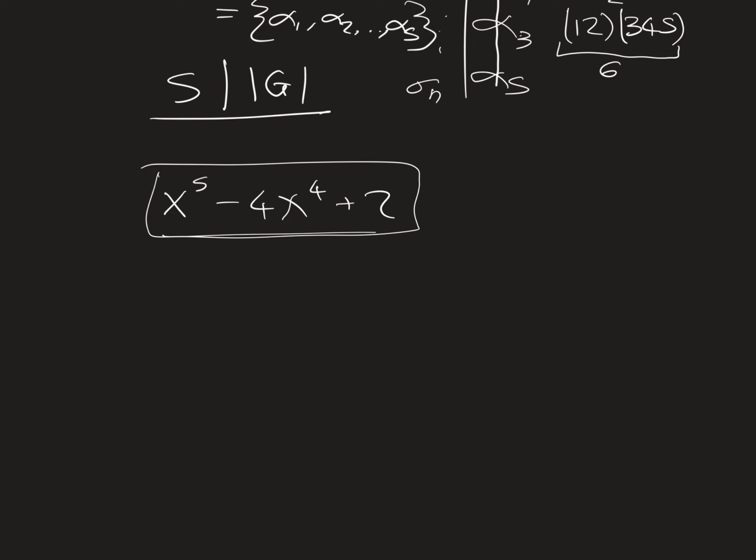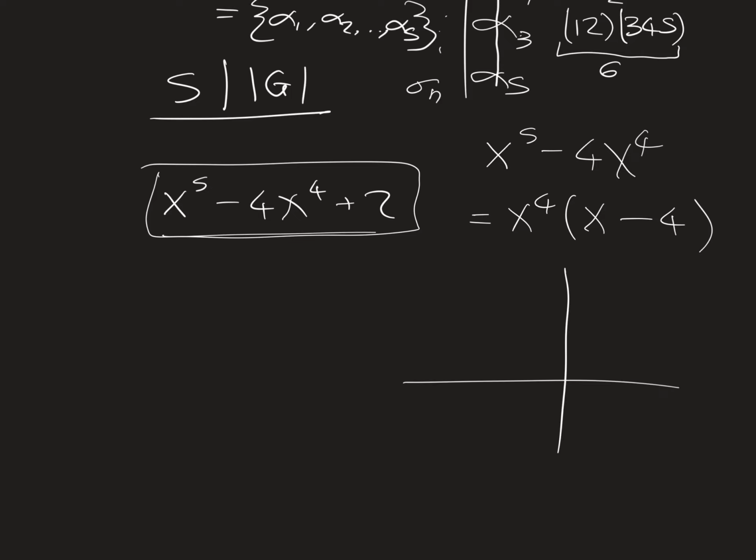So, the reason I picked this one, though, is just because it's so easy to graph. I don't need Desmos. If I consider the polynomial x to the 5 minus 4x to the 4, then this factorizes into x to the 4 times (x minus 4). I can easily graph that now. So you have to know what degree 5 polynomials look like, but basically they look like degree 3 polynomials.